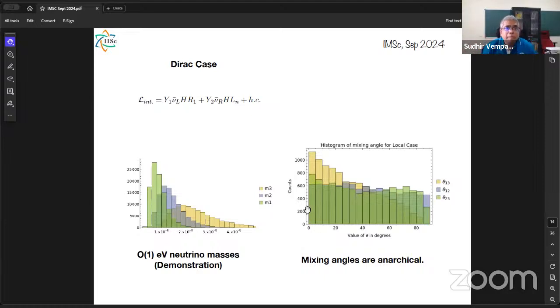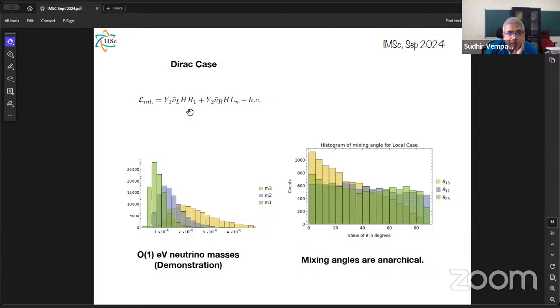For example, the way you get neutrino masses for the Dirac case, you can do the same thing for the Majorana case also. You take the R1 mode at the left, the lightest mode, and couple it with the standard model left-handed neutrino, and take the last mode, the left-handed L mode, and couple it with the right-handed neutrino essentially.